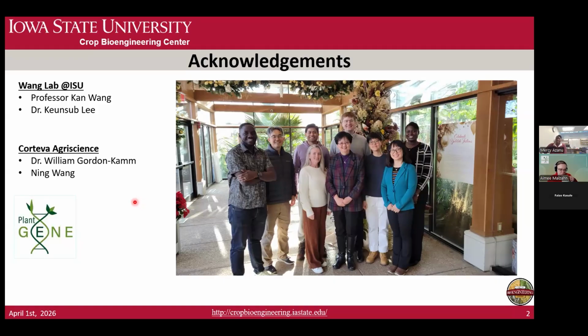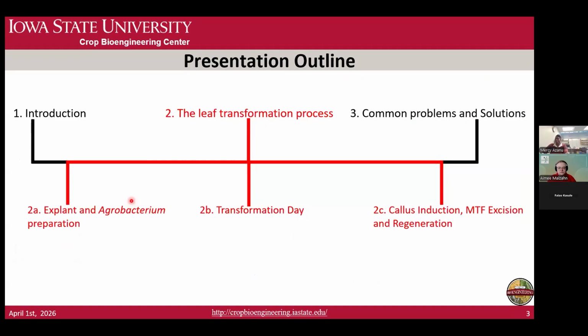We would like to say a big thank you to Dr. William Gordon Kam and Ning Wang of Corteva Agriscience for their mentorship and guidance on the leaf transformation protocol. And last but not least, to Plant Gene for this opportunity to meet with the community and share what we know on sorghum transformation.